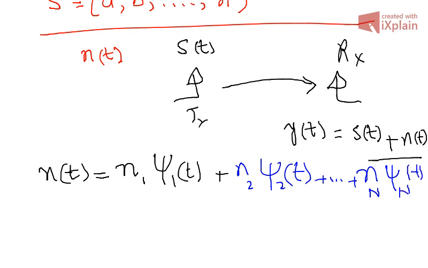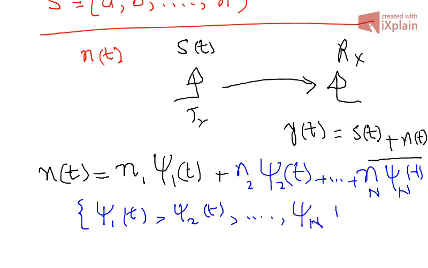This is the representation of the noise signal, an n-dimensional signal, as a linear combination of basis functions psi 1 of t up to psi n of t, all of which are orthogonal and have their energies normalized to unity. So we can represent our noise signal this way.